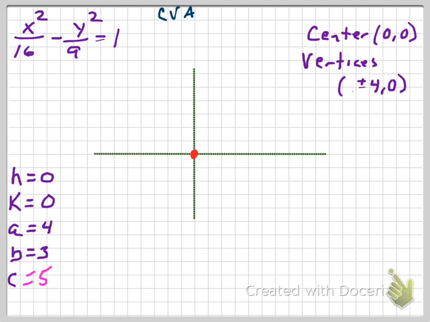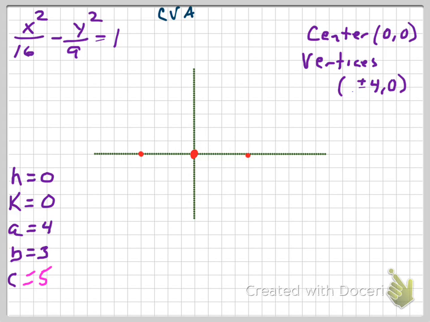So 4, 0 and negative 4, 0. Those two dots, if I plot them, are there and there. The two parabolas that we're going to draw, if you remember my little sketch from the last slide, are going to originate from here and here.